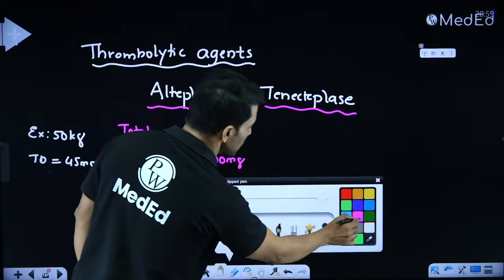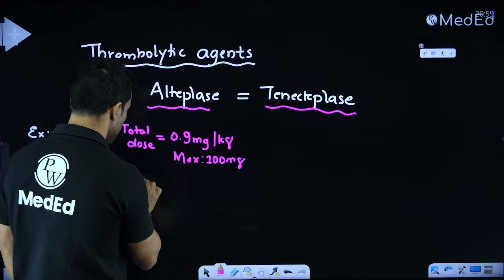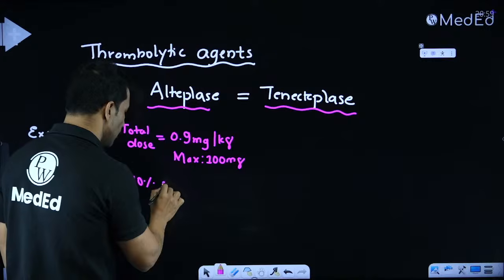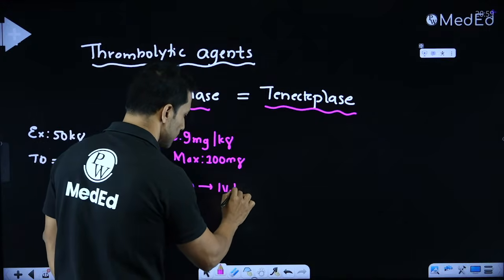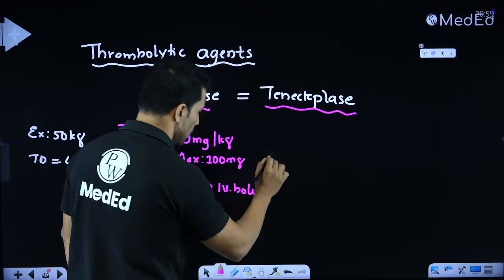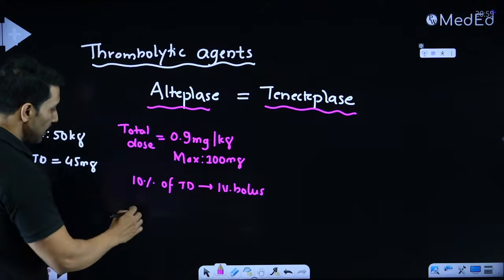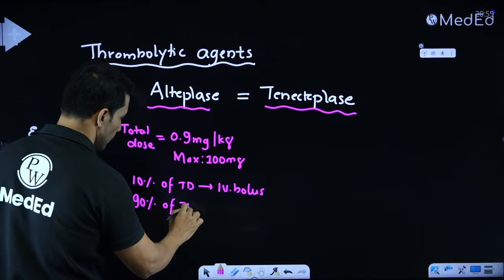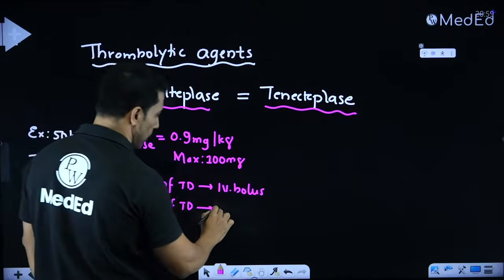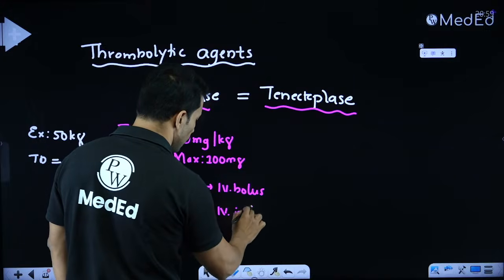Out of that, 10% of the total dose is given as IV bolus, and the remaining 90% of the total dose is given as IV infusion over 1 hour.